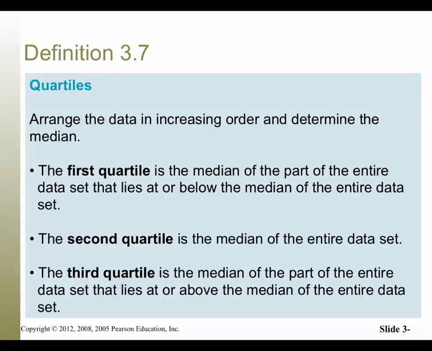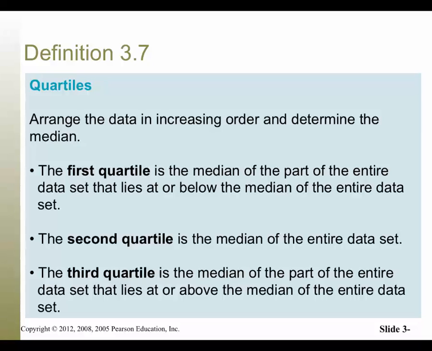The median breaks up the data set, 50% below and 50% above. So you take the 50% of the data below the median and find the median of that. That's going to break it up into what percentages of data? 25 and 25, right? You've broken the lower 50% into 25% and 25% by the first quartile.